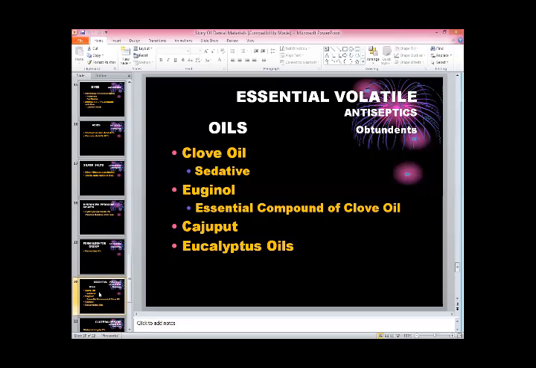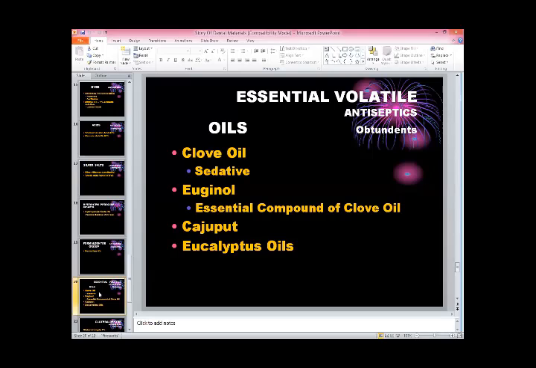Cajuput oil is also a very good, effective pain reliever. All these essential oils are volatile oils, and they also evaporate. These are known as obtundants, which we use.